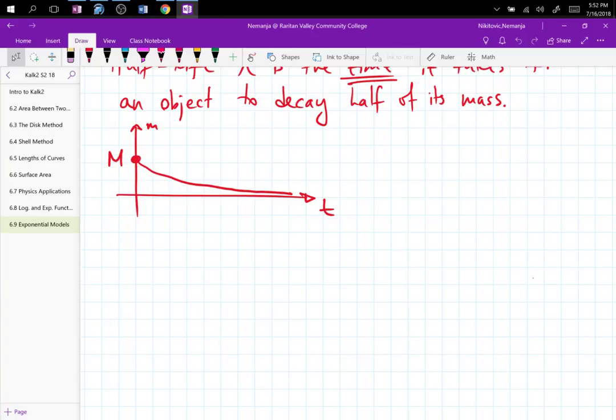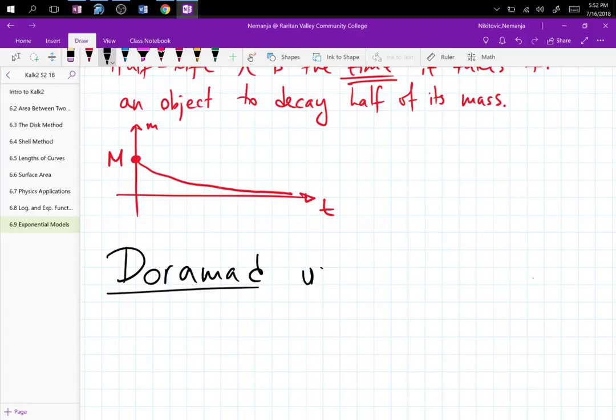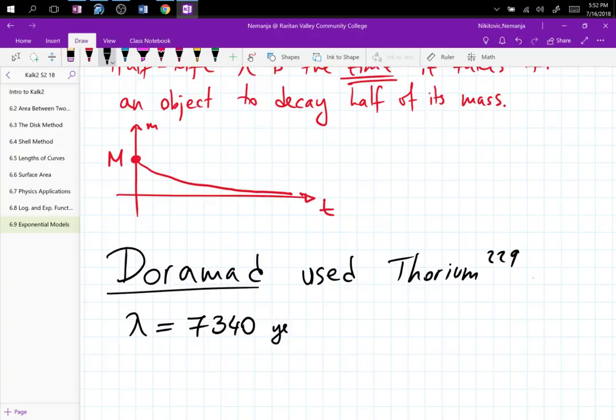So where we start now is, let's take a look at this Doramad toothpaste. Doramad used a radioactive isotope of thorium-229, which has a half-life lambda, if I remember, of 7340 years.